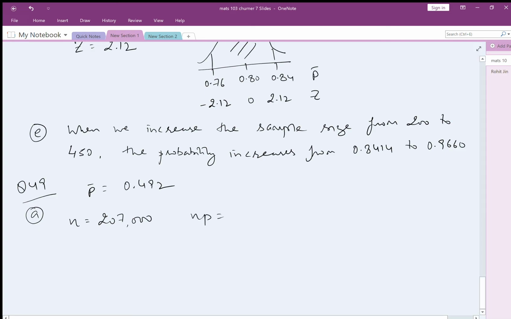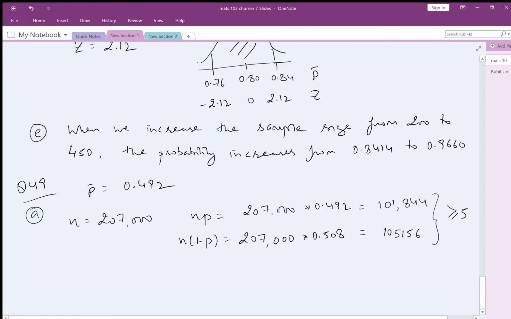So n times p is 207,000 times 0.492, which is equal to 101,844, and then n times 1 minus p is 207,000 times 0.508, and that is equal to 105,156.